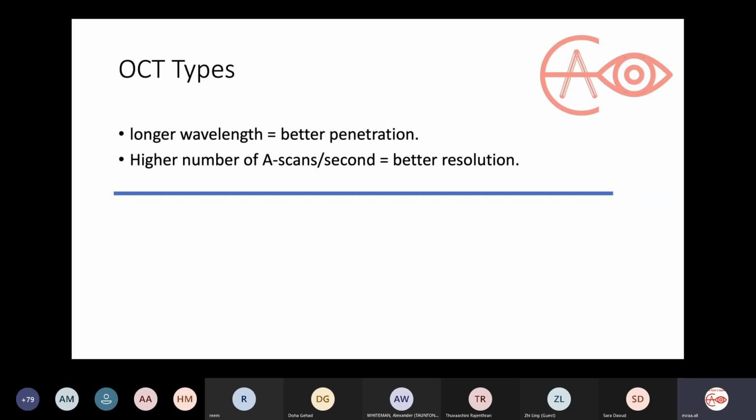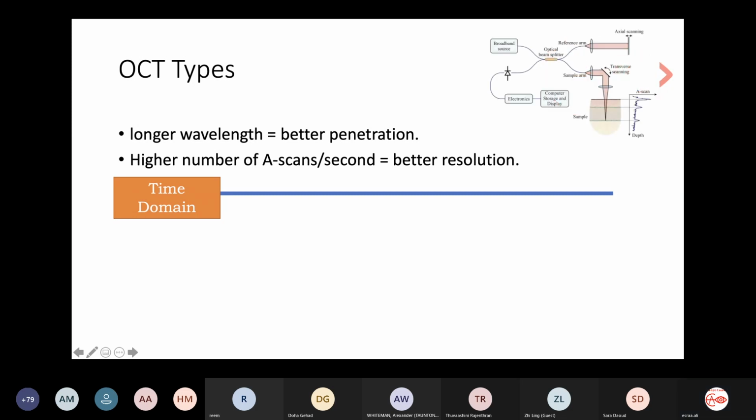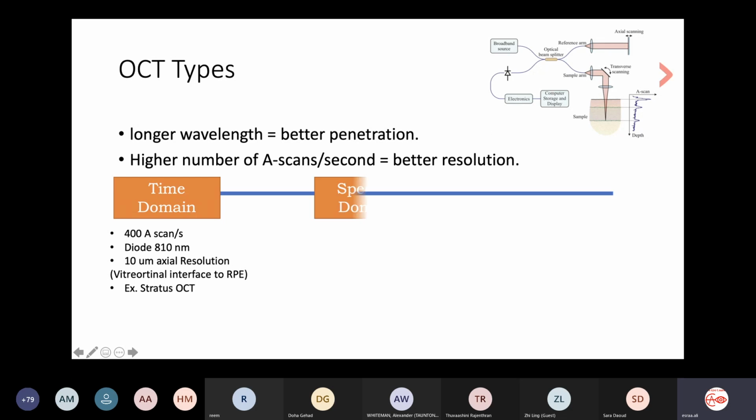Let's see how the evolution of the OCT. It started with a type called time domain OCT. This time domain could give us 400 A scans per second. So it will do like the ultrasound, an A scan, do 400 per second. We used to use a diode or 810 nanometer, and it was giving us 10 micrometer axial resolution.